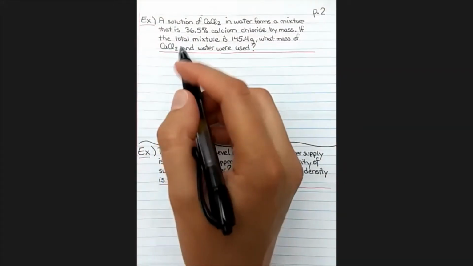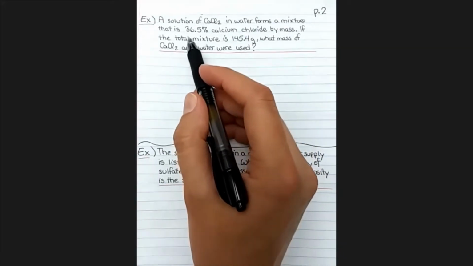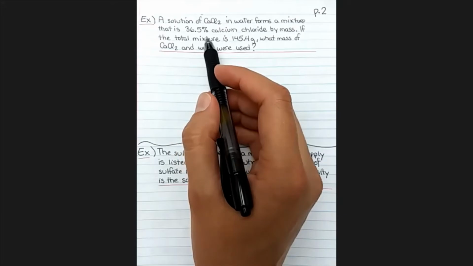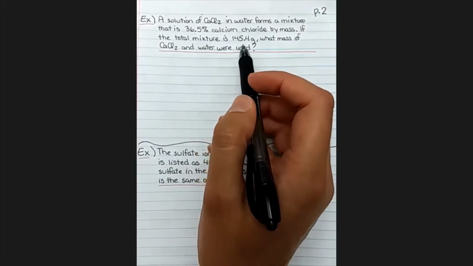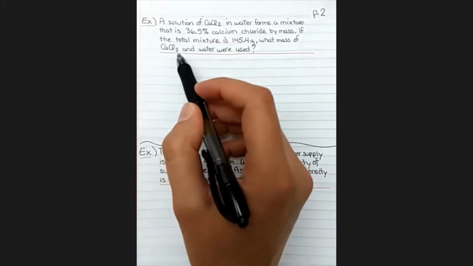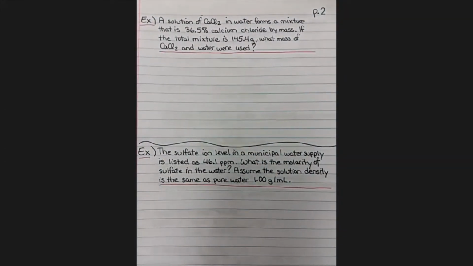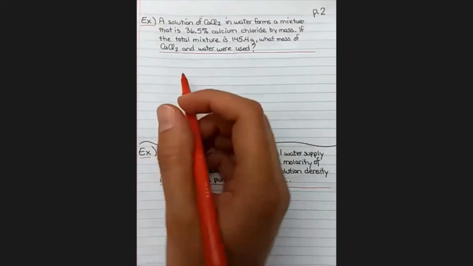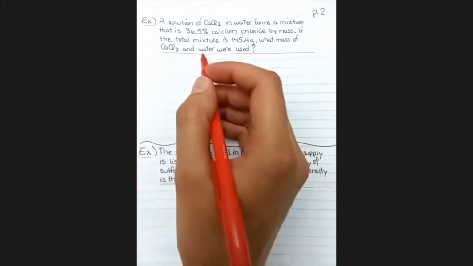So our first problem says a solution of calcium chloride in water forms a mixture that is 36.5% calcium chloride by mass. If the total mixture is 145.4 grams, what mass of calcium chloride and what mass of water were used? So this is an example of a smaller scale problem where there's only a small amount of dimensional analysis to do.